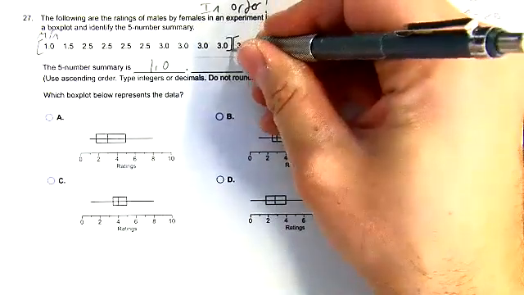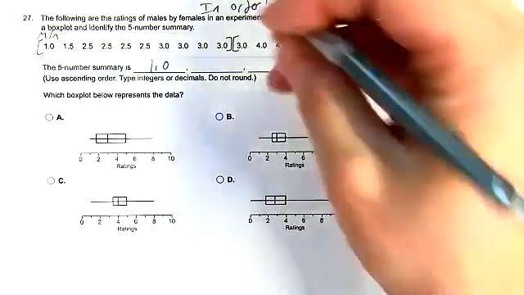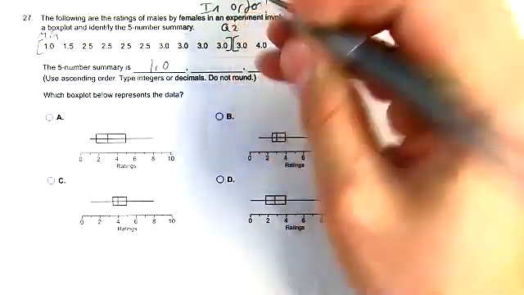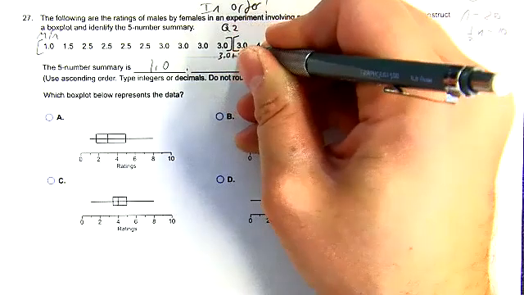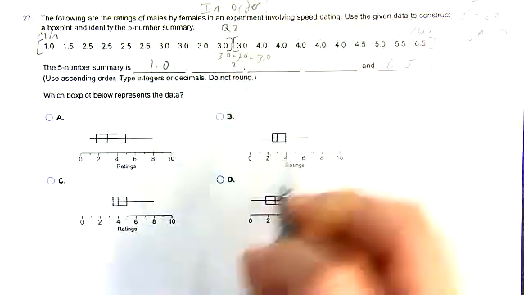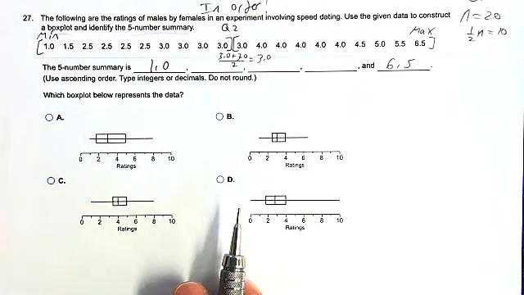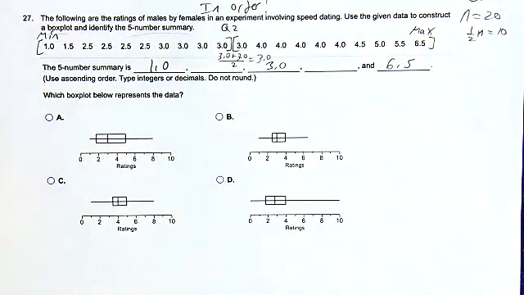And then this would be the second half. Now Q2 has to be the average of these 2 numbers. So 3 plus 3 divided by 2, which is 3, since they're the same number. So Q2 is 3. That would go right here, the middle box.